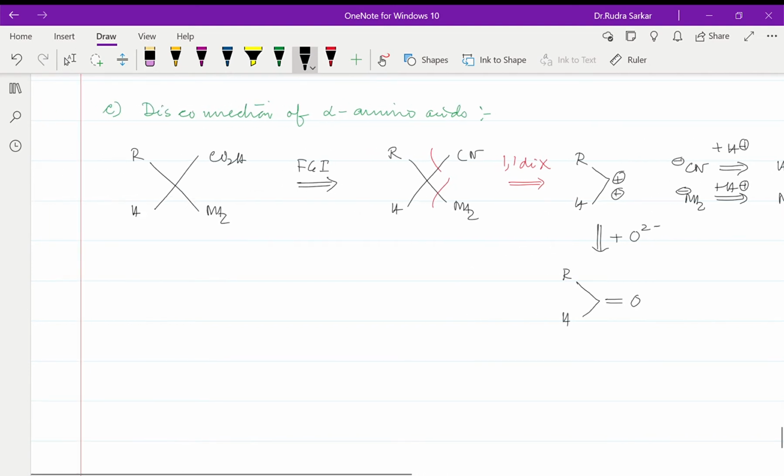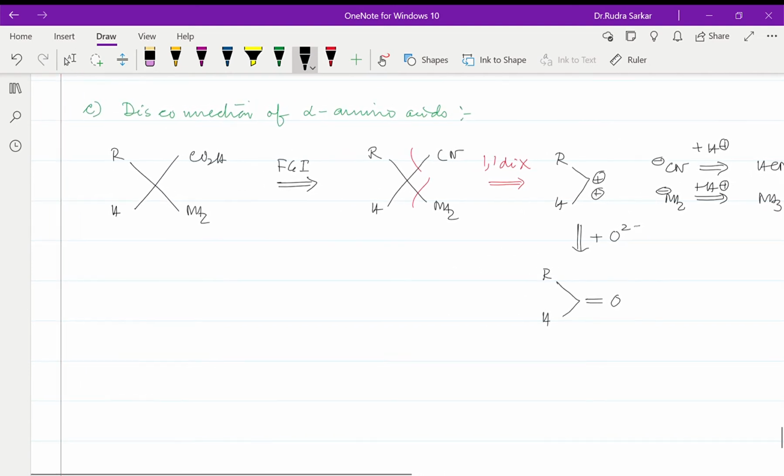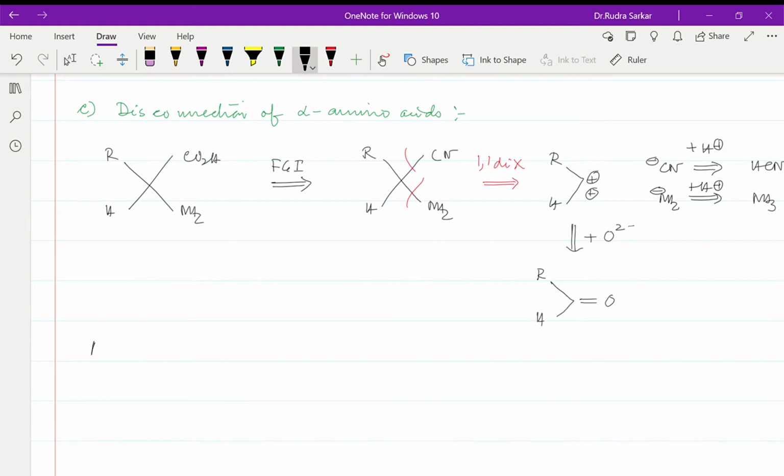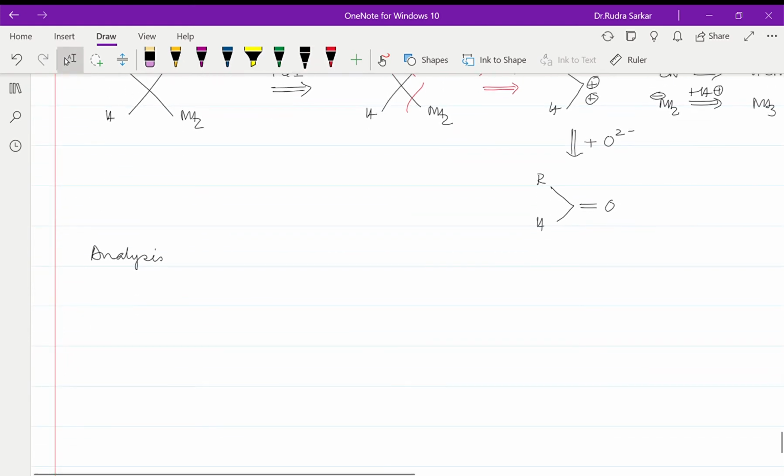Now, if we were to do the retrosynthetic analysis of an alpha amino acid, then let's take the example of alanine, which is, say, this.